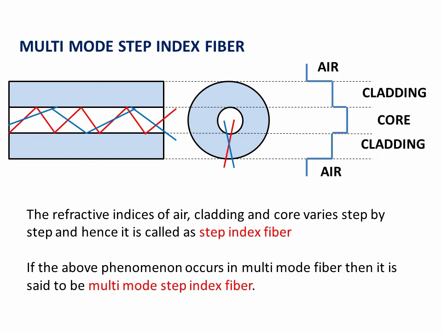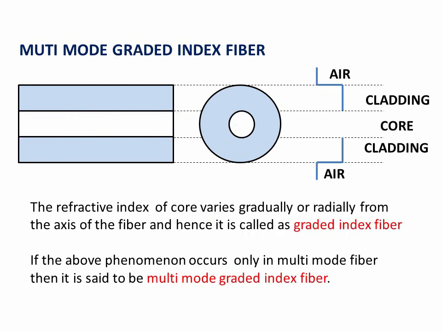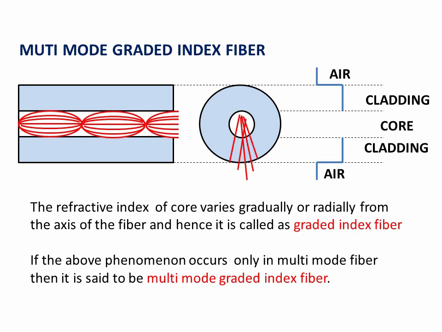The last one is graded index fiber. The last refractive index profile is graded index after the step index. In general, only multimode is allowed, so multimode graded index fiber. Graded, that word is taken from the word gradual.